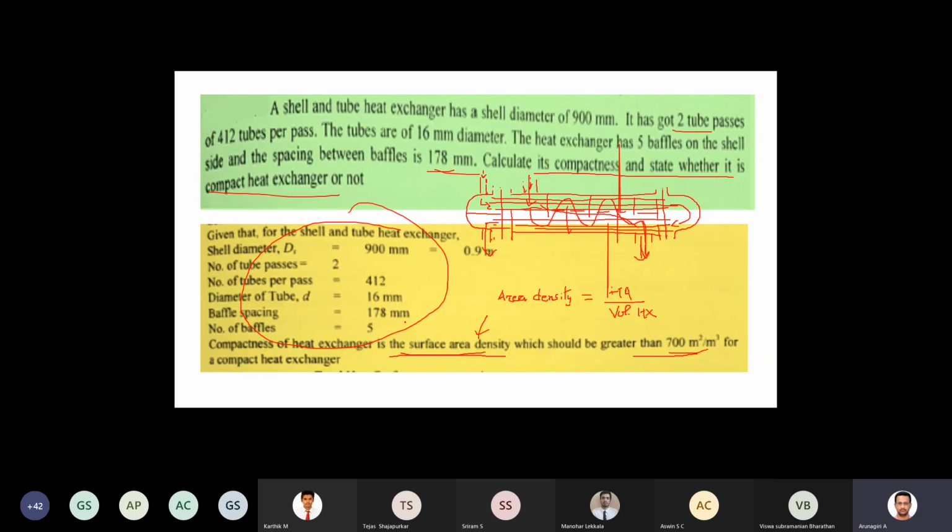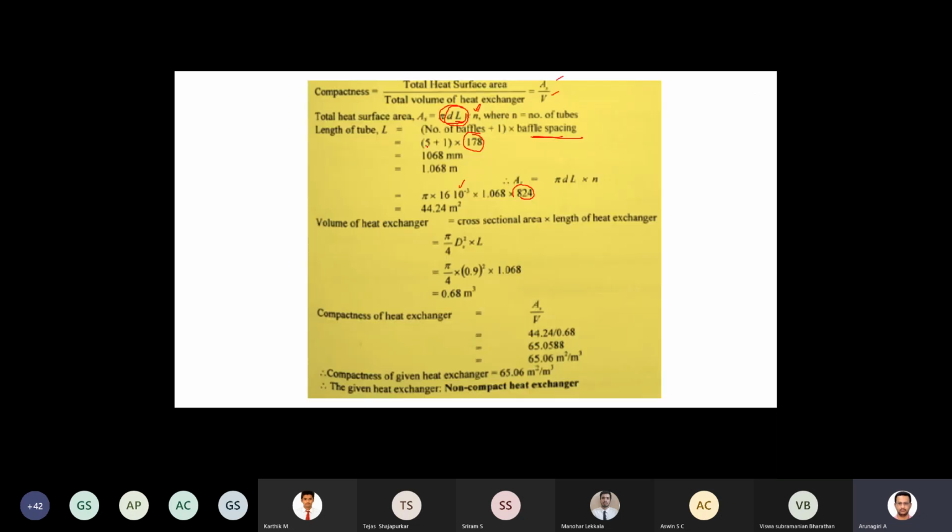So 6 times 178 will give the tube length. Length of the tube is (number of baffles plus 1) into baffle spacing. So 6 times 178, which is the minimum length. The tube length is 1.068 meters.